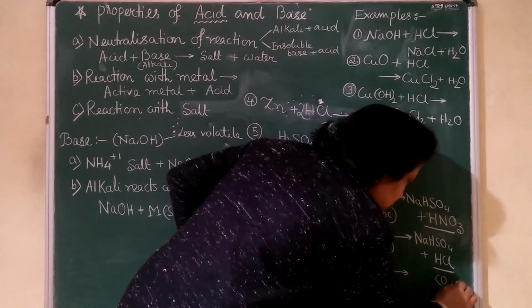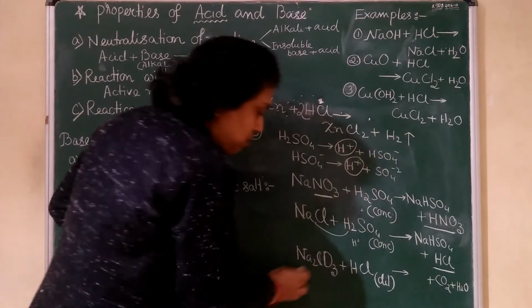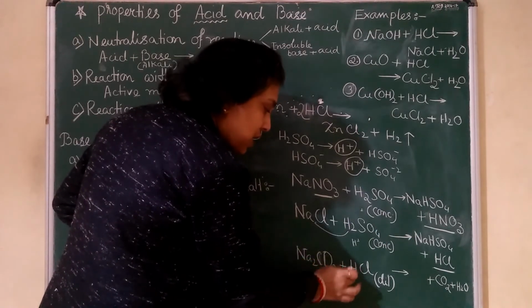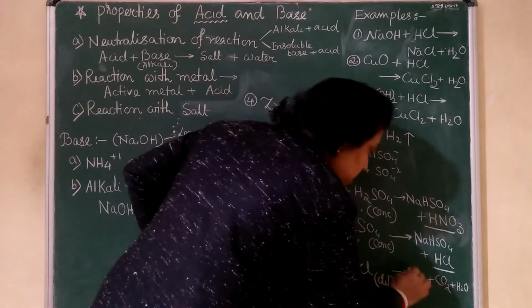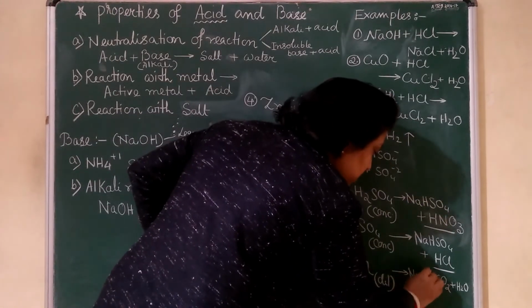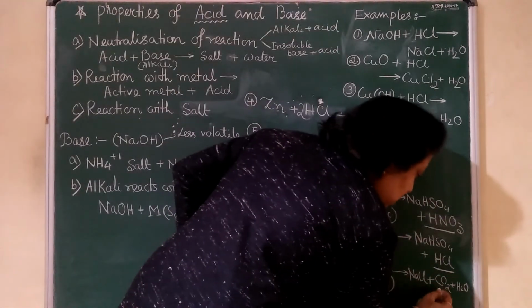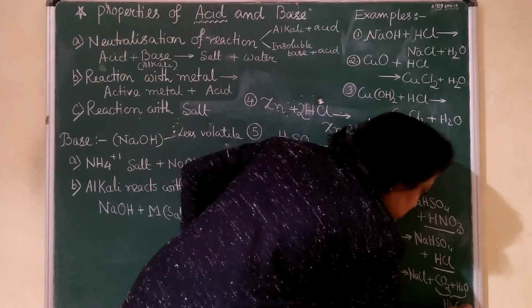First I will write plus H2O, and which salt will form? This one, CO2 plus H2O, has already come out. So what remains? Remaining is NaCl. Now you have seen, it is not H2CO3.